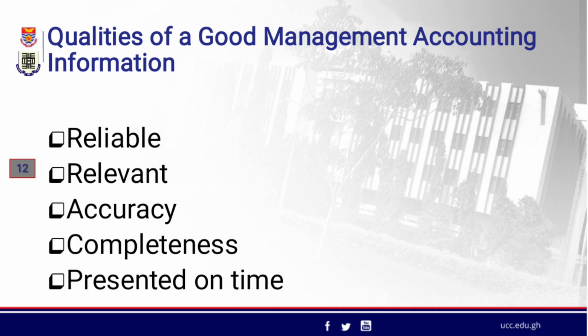The following are the qualities of good management accounting information. It should be reliable, should be relevant, it should be accurate, should be complete, and also it should be presented on time.